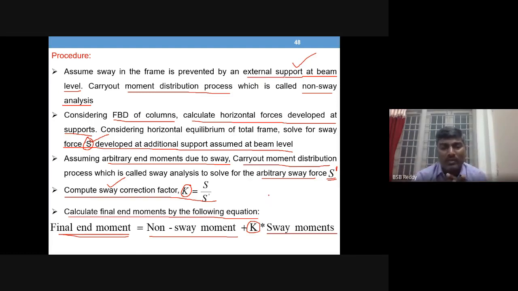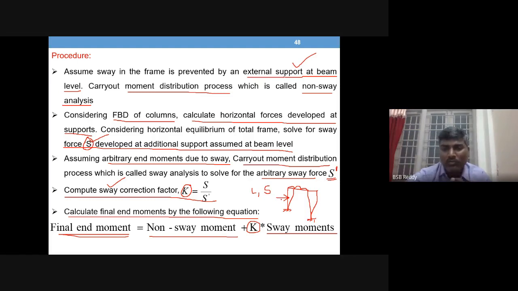In a simple manner, I'll just tell you that if you have a frame of something unsymmetric, something like this, okay. So you have some loads acting on this frame, let us say, something like this, okay, right? So this frame is going to have sway. Okay. So in the frame, moments will be developed due to the loads and the sway, both.